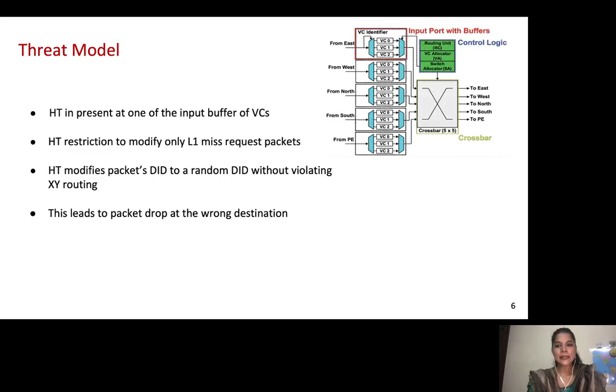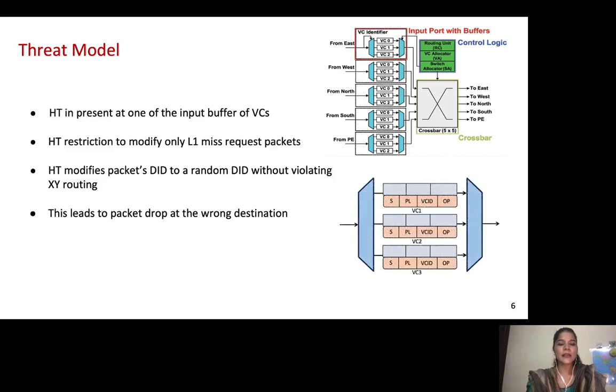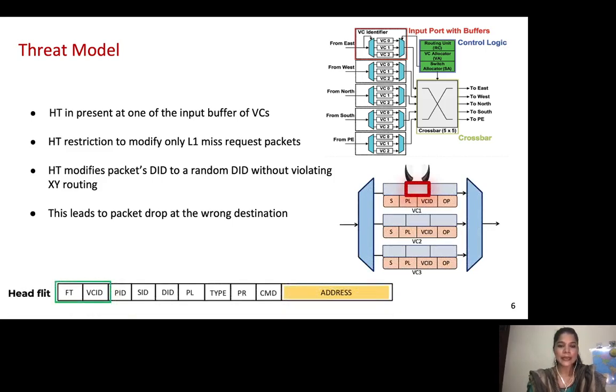There are works in the literature that talk about the possibilities of having HT at various components of NOCs, including routing unit, input buffers, VC allocator, switch allocator, or crossbar. In this work, we assume that HT is present at one of the input buffers of VCs that modifies the DID to a random DID without violating XY routing.